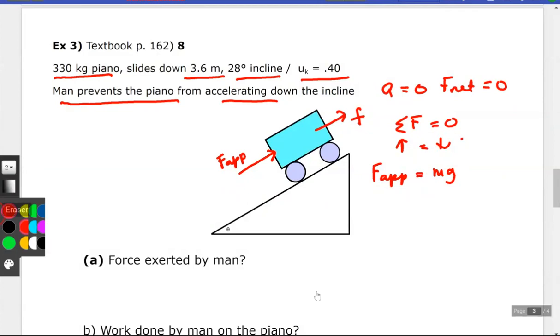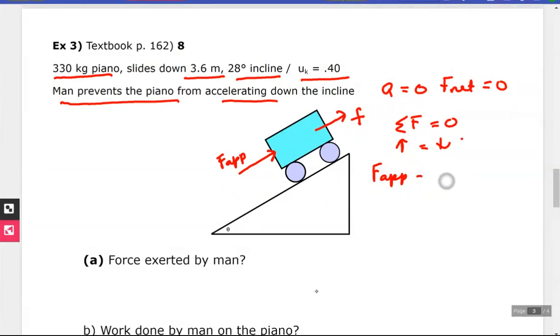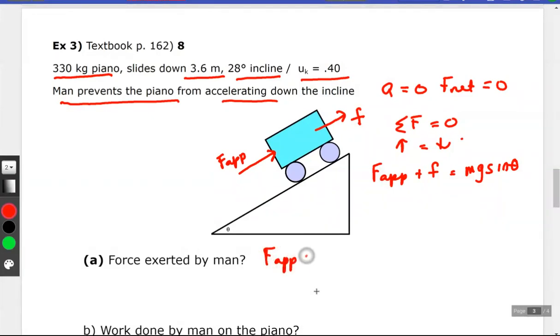Whoops, that's a mistake. There are two up forces. There's the applied force plus the friction equals the only down force, which is mg sine theta. So what is the force exerted by the man? His applied force equals mg sine theta minus the friction.